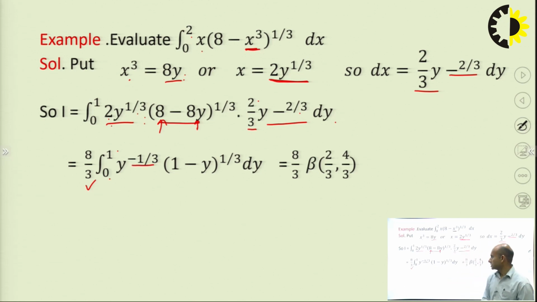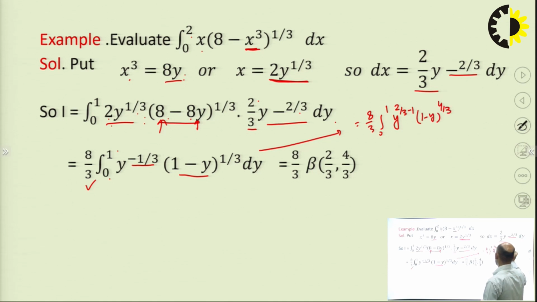So, this is y raised to minus 1 upon 3, and this is actually 1 minus y whole power 1 upon 3. So, this is the integration, or we can write this integration as 8 upon 3, 0 to 1, and y raised to power 2 upon 3 minus 1 and 1 minus y whole power 4 upon 3 minus 1 and dy.